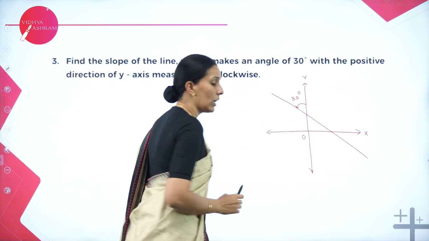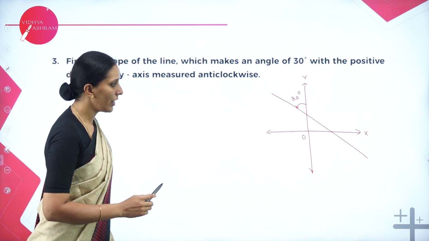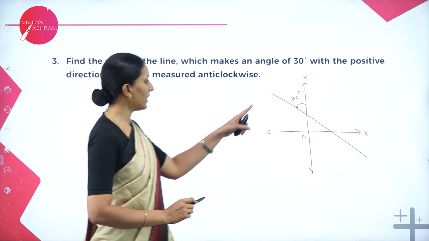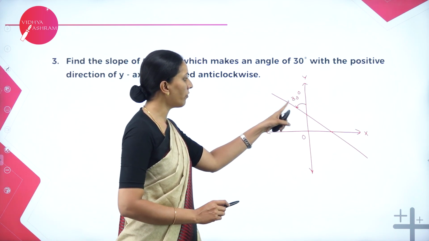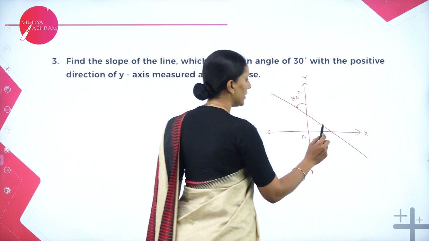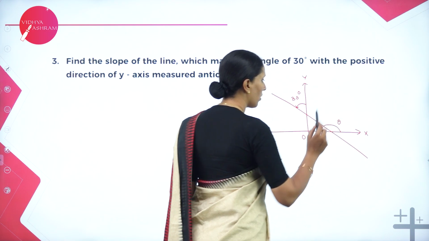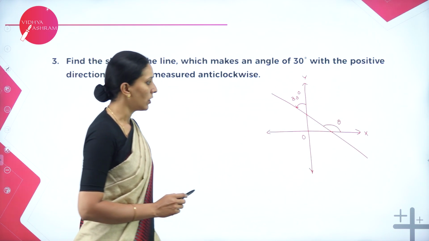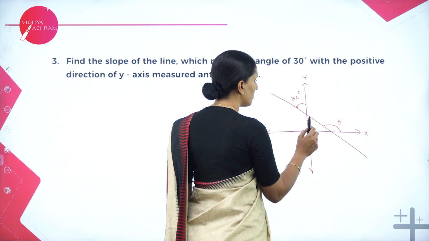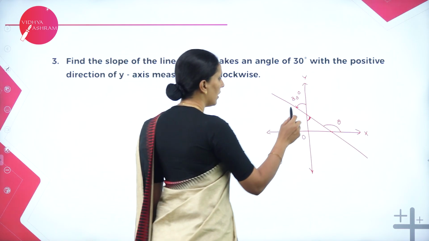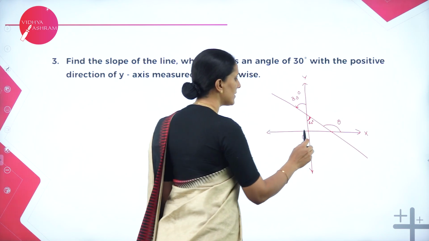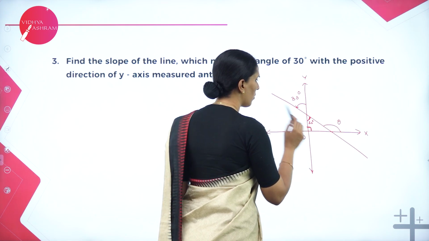We need a line whose inclination theta is along the positive direction of the x-axis, but here they have given the positive direction of the y-axis with respect to the angle theta. So we need this angle theta. Now how to find this angle? Here we can clearly see this is 30 degrees and this is 90 degrees.